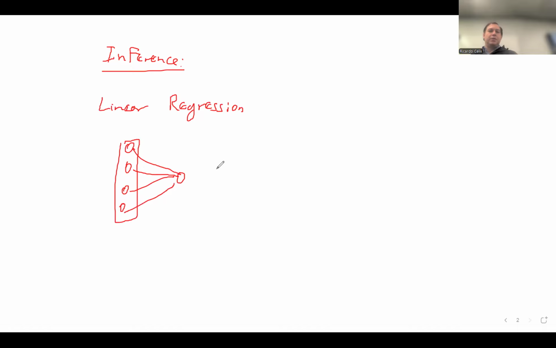And the range for this one is going to be somewhere from minus infinity to plus infinity, right? Now, on the other end, we're going to have the classification problem. So this could be classification, such as logistic regression, the simplest case.